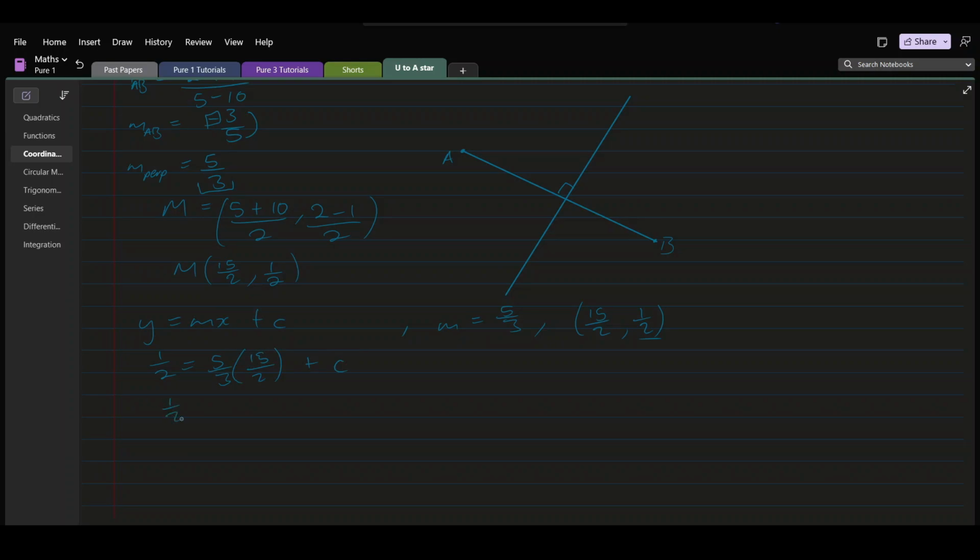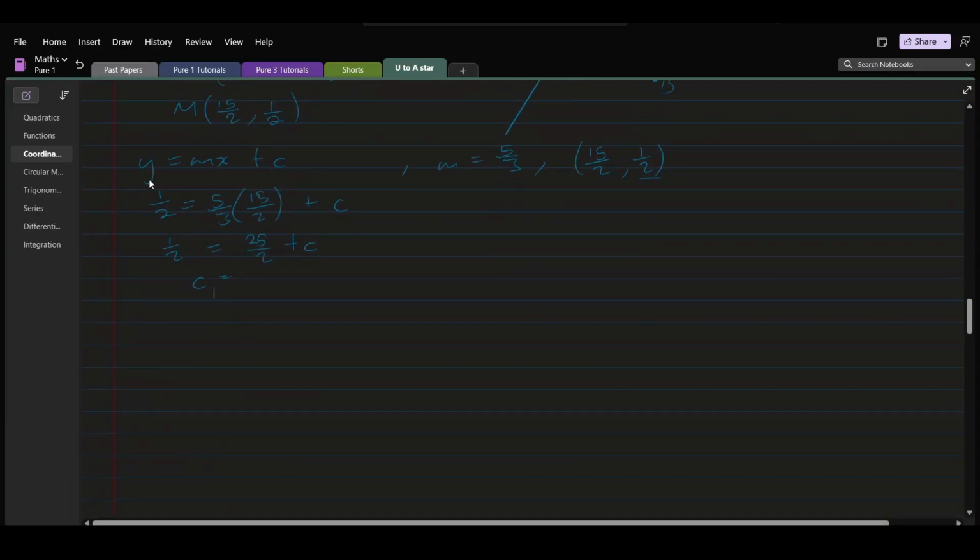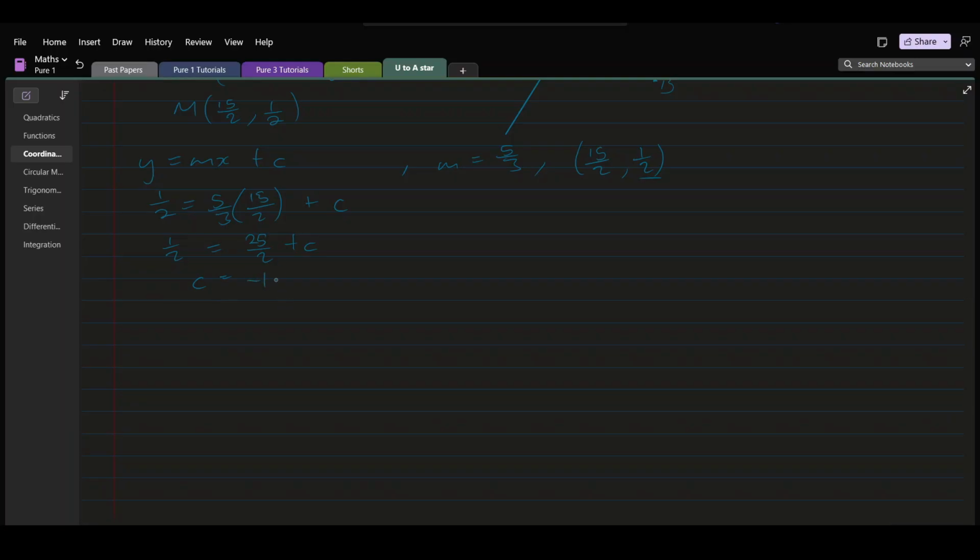So that's half is equal to 5 over 3 times 15 over 2, and that gives us 25 over 2, plus c. Let's make c the subject of the formula, so that c is equal to half minus 25 over 2, and that gives us minus 12.